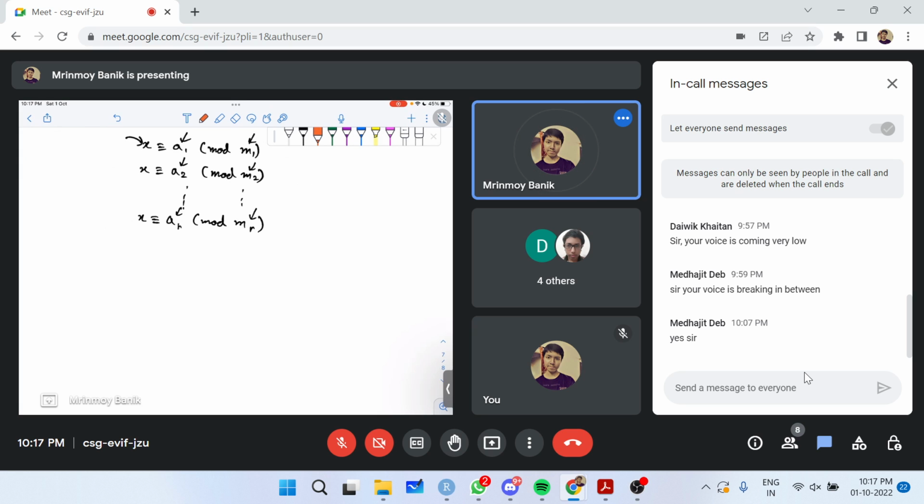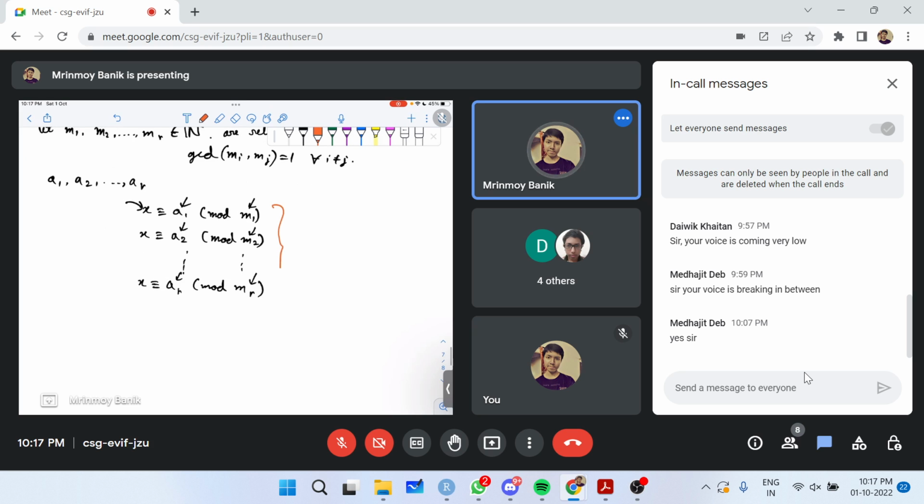So these are conditions. This is a set of R linear congruence relations.